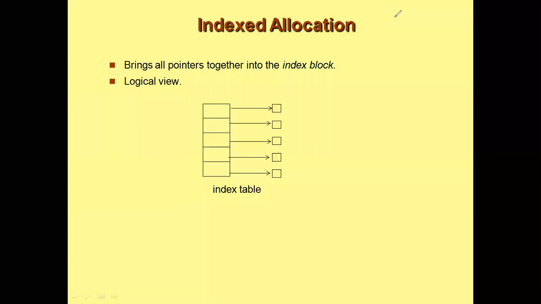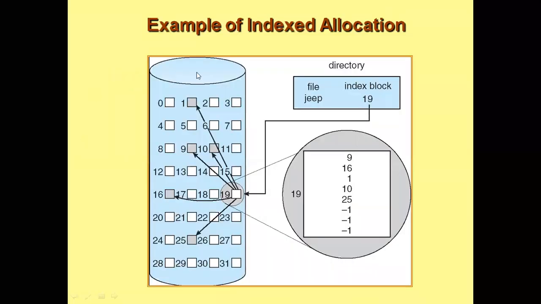I'll show you the schematic representation. Look at this, guys. This is an example of indexed allocation. As you can see, we have one block which is called the index block, and this index block, which is the 19th block, has information of all other blocks wherein the information of files is kept, that is 9, 16, 1, 10, 25.